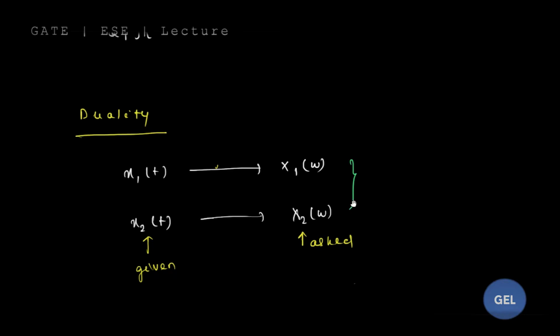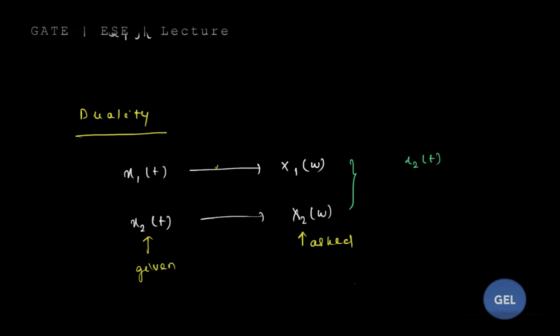Now how to find X2(omega)? In the duality concept you need to take an assumption.